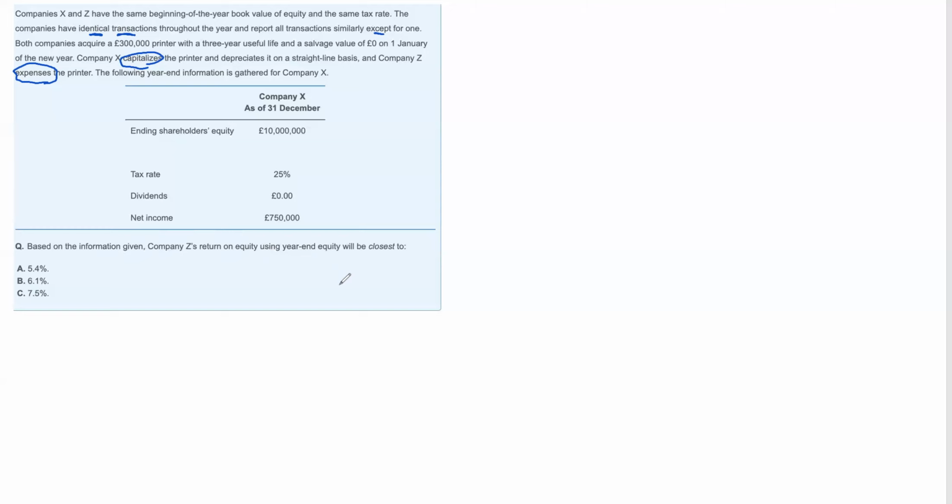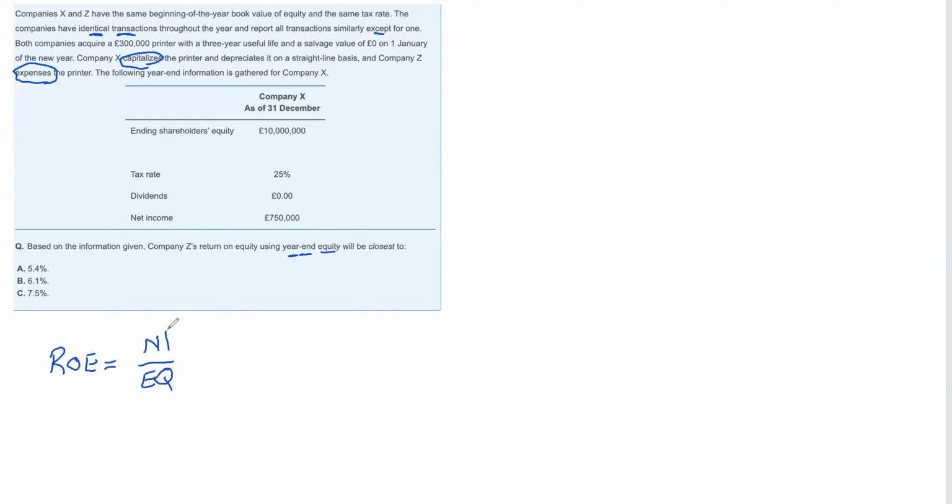So ROE is equal to net income over the shareholders' equity. We've got to find net income and equity for company Z.